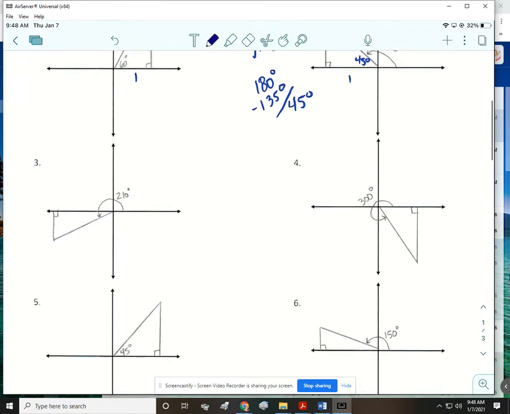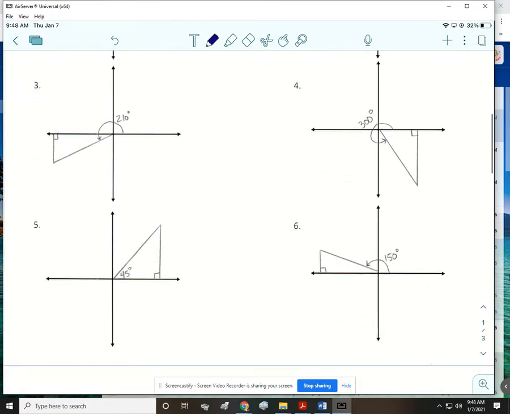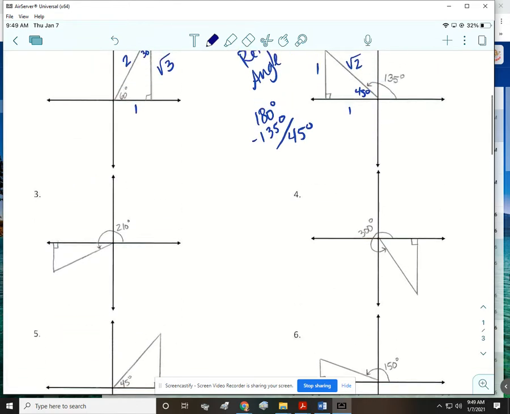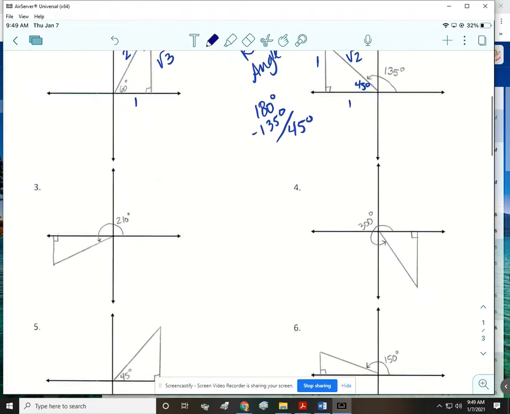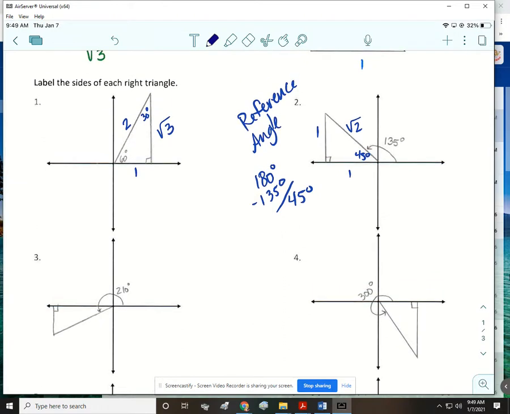All right. Then for number 3, I need to find that angle inside of the triangle. Different quadrant, so we're going to have a different rule. We're still going to use 180 degrees. When we're finding reference angles, we always use 180 degrees or 360 degrees. We're not ever going to use 90 degrees or 270, only 180 and 360.